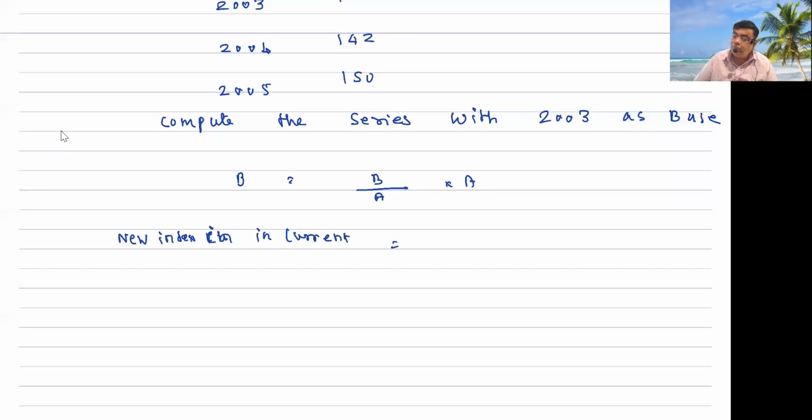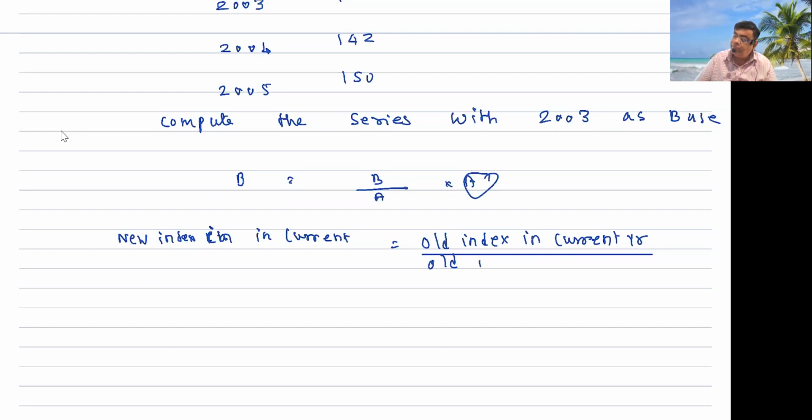Now this is equal to, A we will write as the old index in the current year, over the old index in the new base year, into 100.